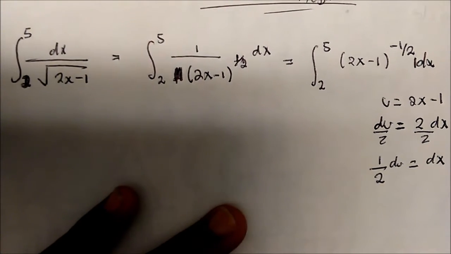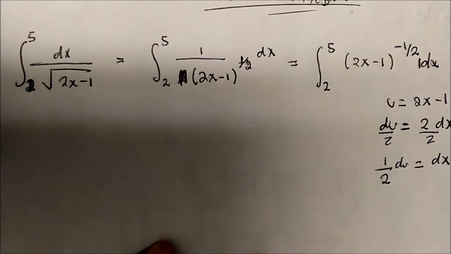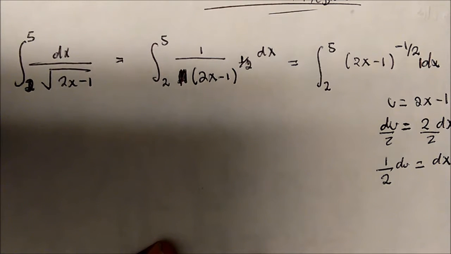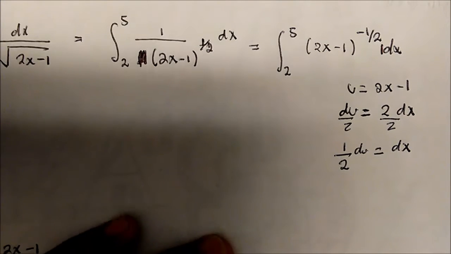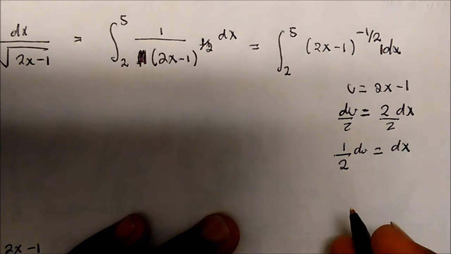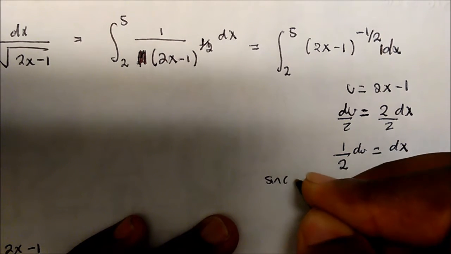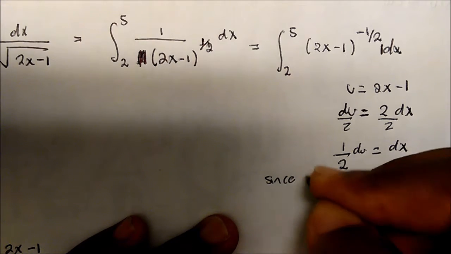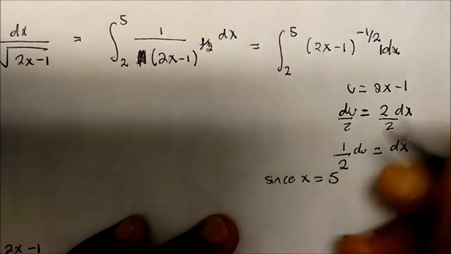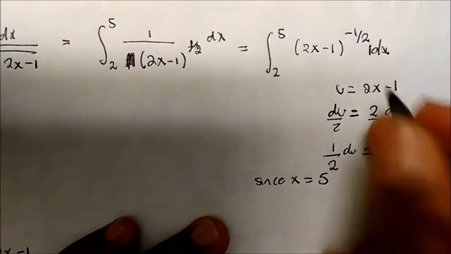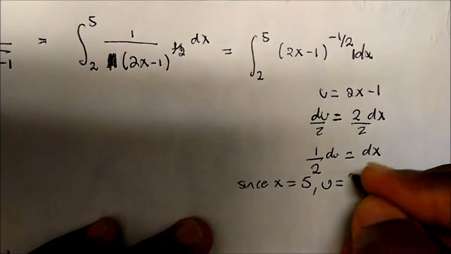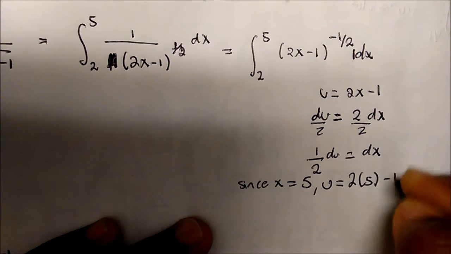Now here's a trick with definite integrals. We could do this two ways. I'm going to show you the way that I prefer, and believe it or not, it is probably the shorter and simpler way. So this is what I'm going to do. I'm going to make this rationale. Since x is equal to 5 from here, then u has to be equal to 2 times 5 minus 1.